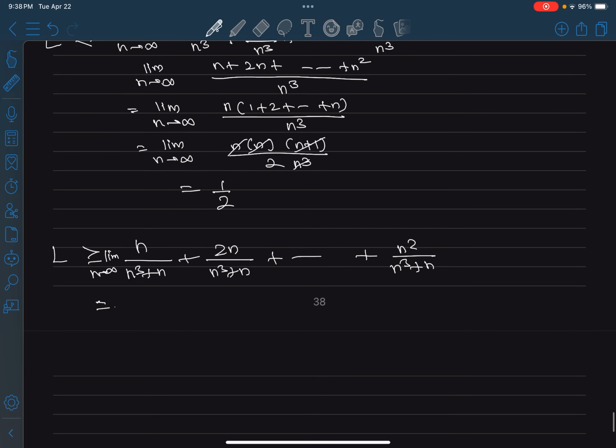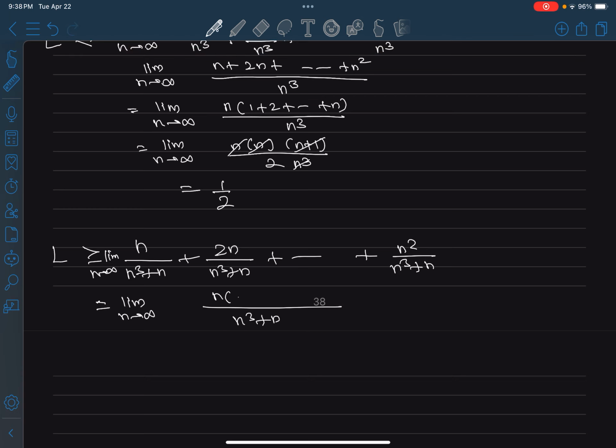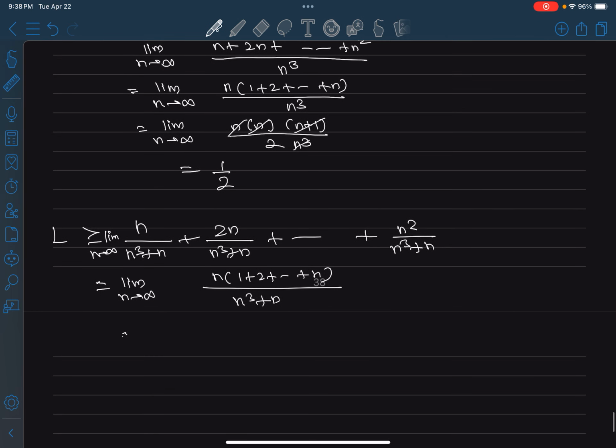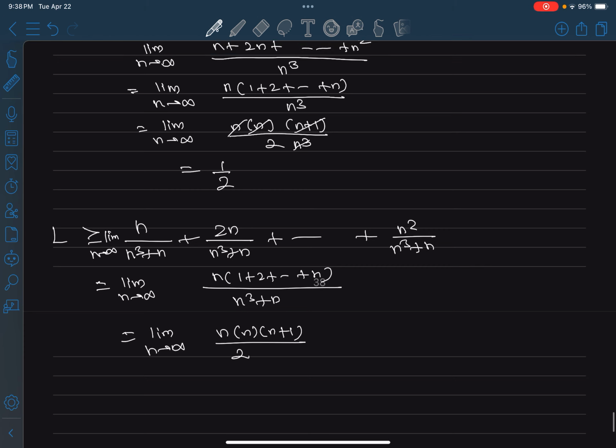Here we have a sum, and I can take the denominator common because we have the same denominator, and this is just the same sum again. This gives us the limit as n goes to infinity of n times, again the sum of natural numbers, n plus 1 by 2, over n times n squared plus 1.